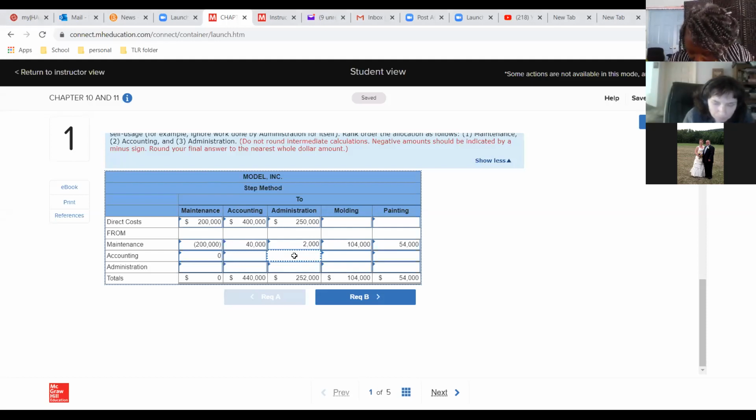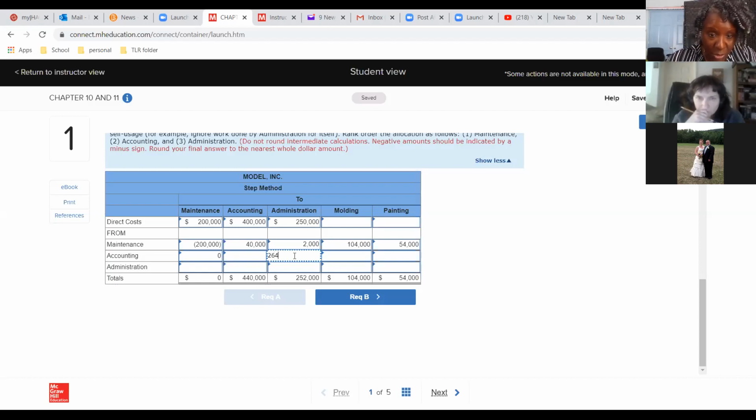So administration is going to be, let's see. I got the numbers right. I just got to put them in the right place. 0.06 is, hopefully I got it right. Yes. All right. The first one I'm going to allocate is the 26,004.